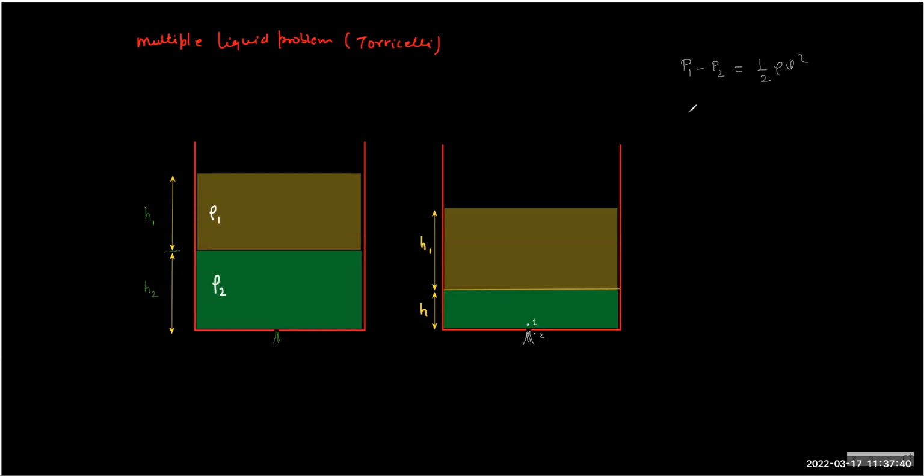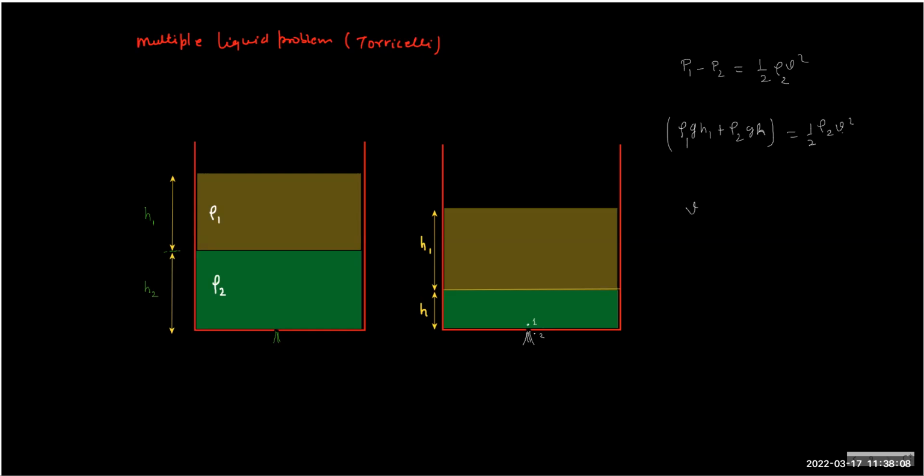And the difference of pressure is pretty easy to write now, because this is the top pressure plus the bottom pressure. Oh, I need to mention the density also. So rho 1 g h1, rho 2 g h, and P atmosphere will cancel out. So this is half rho 2 v squared, as liquid 2 is the one coming out.